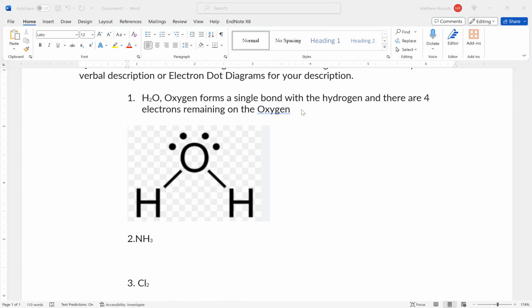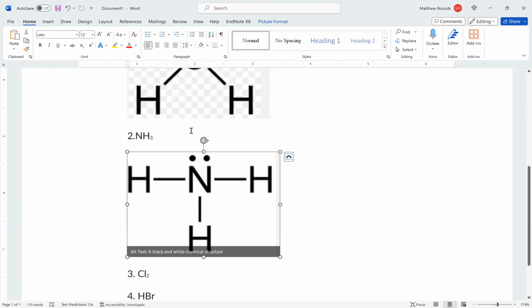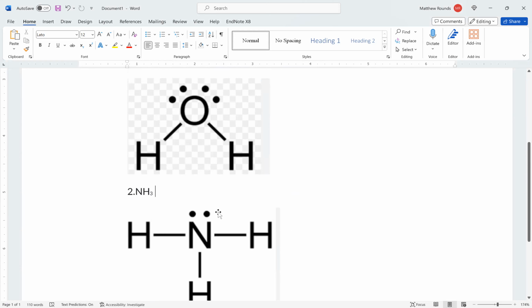It would take a lot to explain this, so that's why I'm not. It's fairly involved. But these are all well-known ones. So for this one, you can say the verbal description would be that nitrogen is in the center.